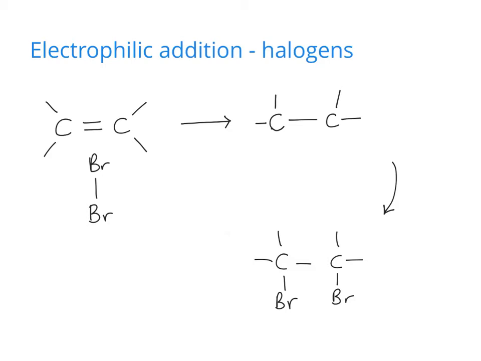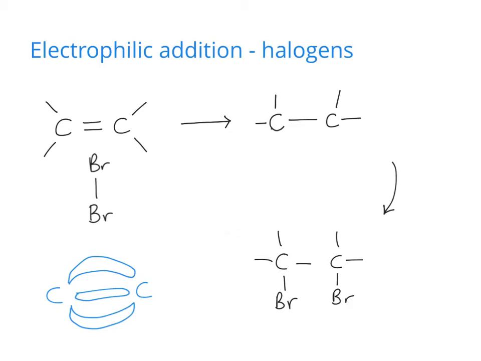However, if we remember that the shape of that pi bond between the two carbon atoms is a large area of electron density, a large cloud of electrons above and below the two carbons.